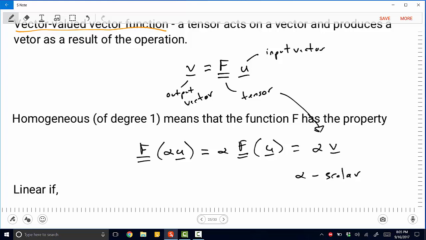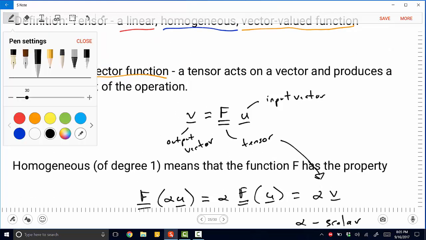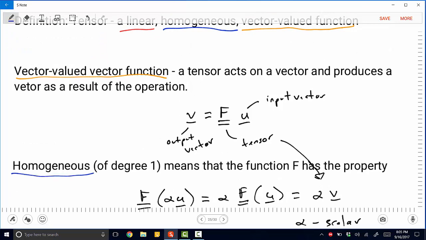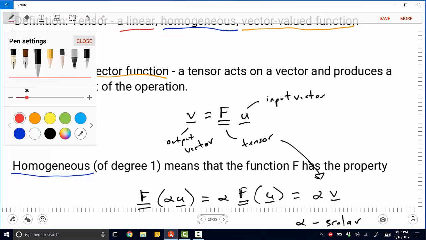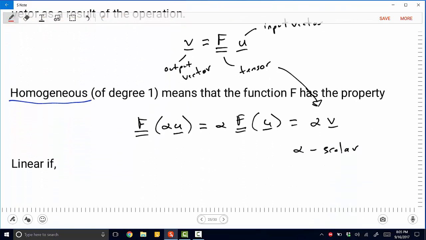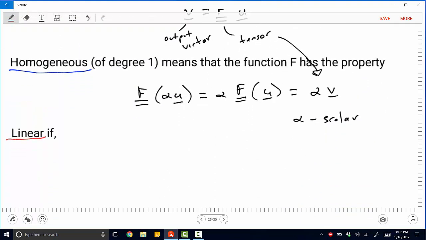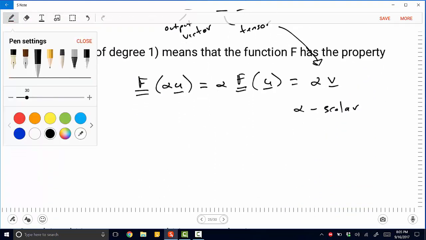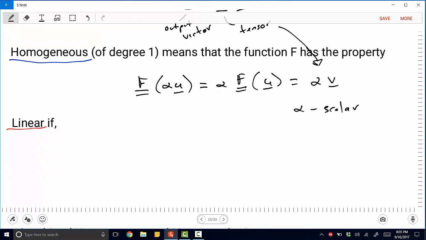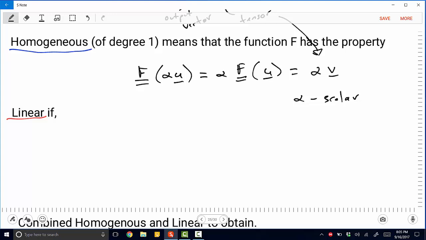Now, lastly, is the question of how do we define if our tensor is linear. Well, if our tensor is linear, then that means if we have a series of vectors, that this series of vectors can be separated into individual operations.